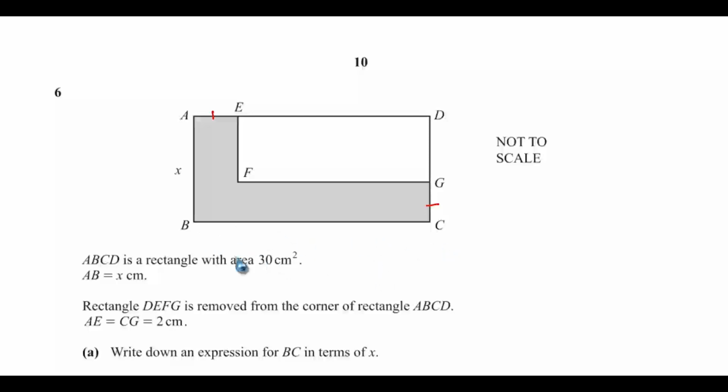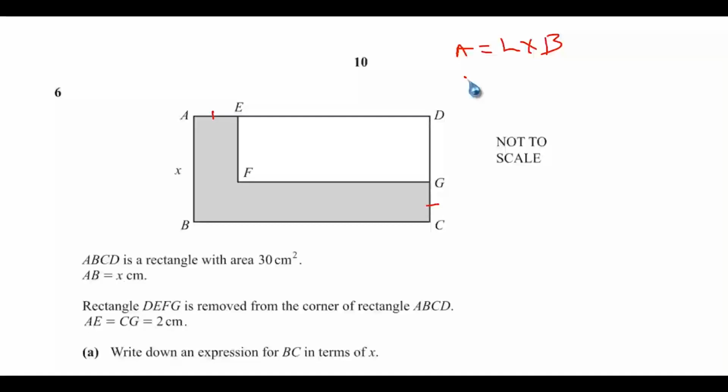To get BC, you need to get the length of this rectangle. We know that the area of a rectangle is length times breadth, and we already know that the breadth is x. We are also given the area to be 30 centimeters squared.